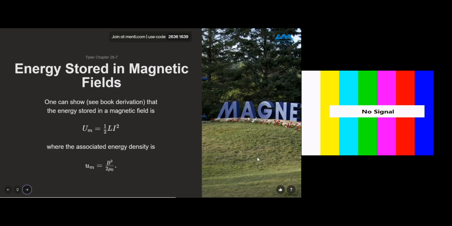And if you look in your book, what you will find is that if we think about 1/2 Li squared and convert this back to magnetic field strength, and I think this is proven to you in your book using a solenoid, I've left out the derivation here, then for any given magnetic field, the energy associated with that magnetic field is equal to B squared over 2 mu naught.